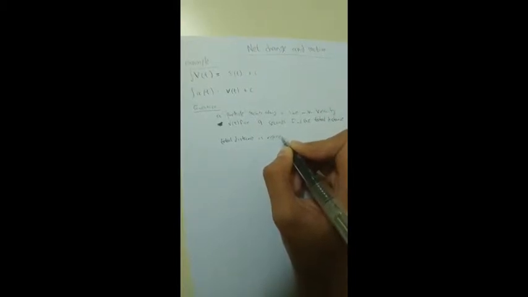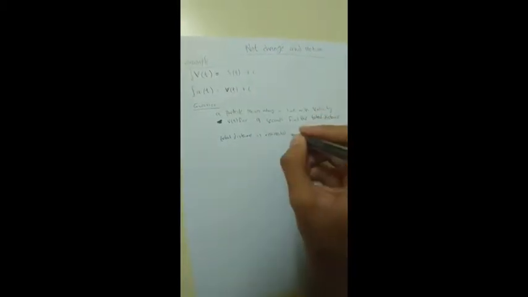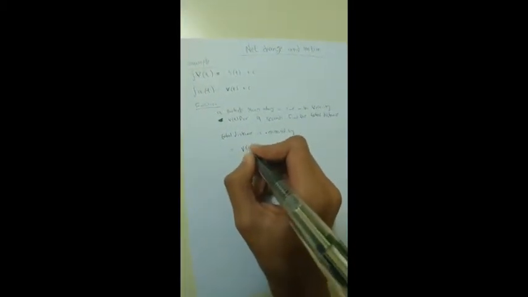The question says a particle moves along a line with velocity v(t) for 9 seconds. What is the total distance? First of all, we know that the total distance is represented by the integration of the absolute value of v(t) from a to b.